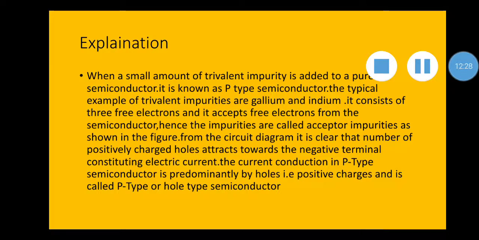From the circuit diagram, it is clear that a number of positively charged holes are attracted towards the negative terminal, constituting electric current. The current conduction in P-type semiconductor is predominantly by holes, that is positive charges, and is called P-type or hole type semiconductor.